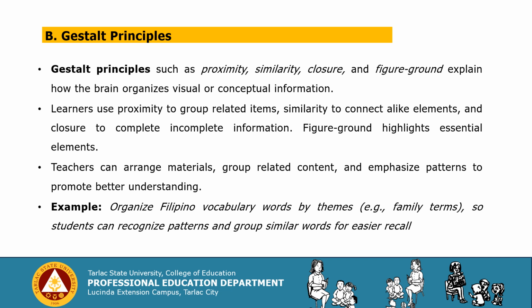When we say proximity, we group items that are close together as related. Similarity, we connect items that look alike. Closure, our minds complete incomplete information, filling in the gaps. Figure-ground, we distinguish between important elements, the figure, and the background.